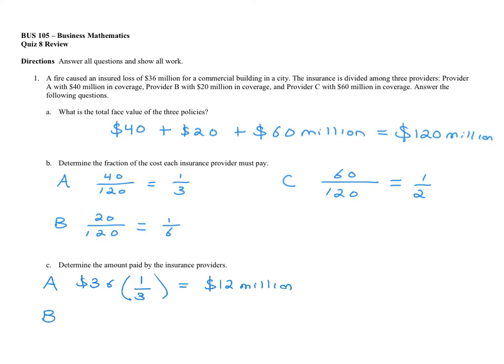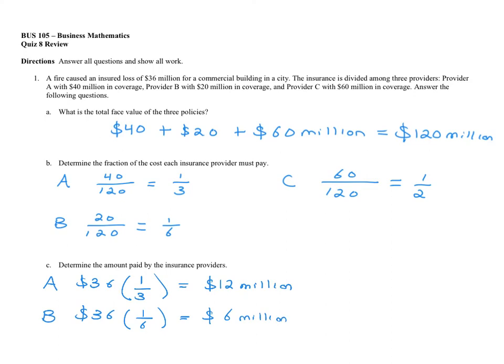For provider B, again, what fraction of the 36 million do they owe? The fraction we're going to use is 1/6, and 6 goes into 36 6 times, so that means 6 million.